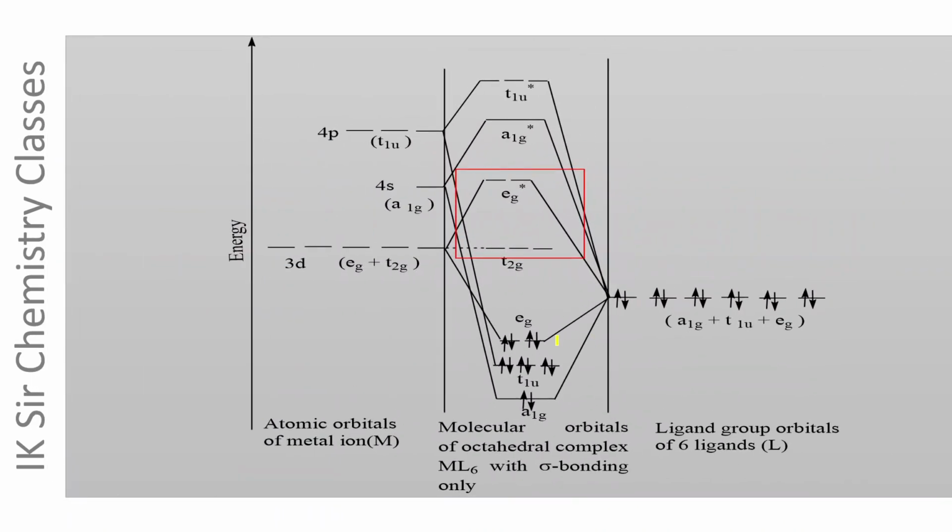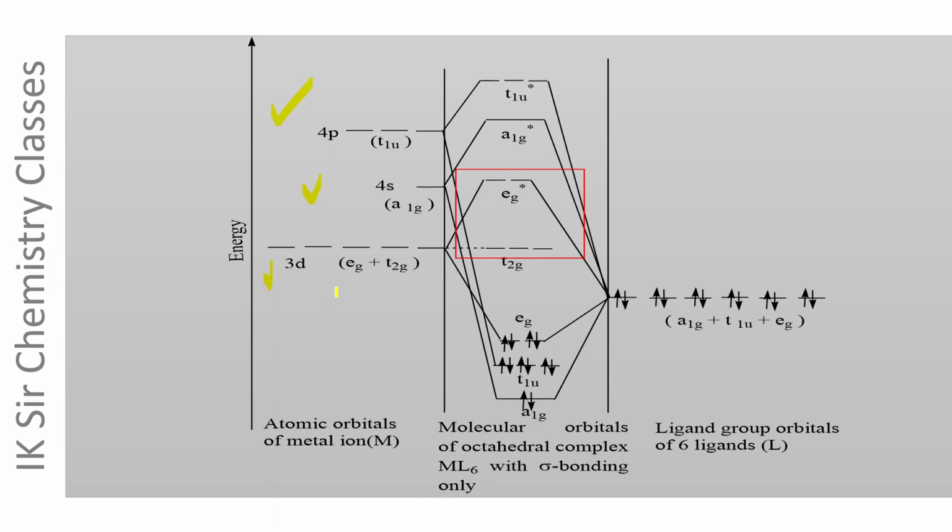This is the molecular orbital energy level diagram for an octahedral complex having only sigma bonding. These are d atomic orbitals, 3d, 4s, 4p.